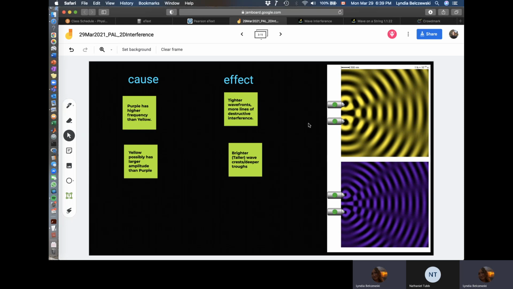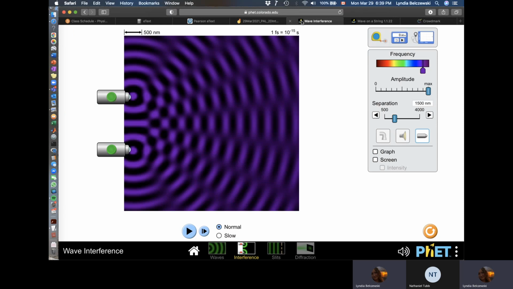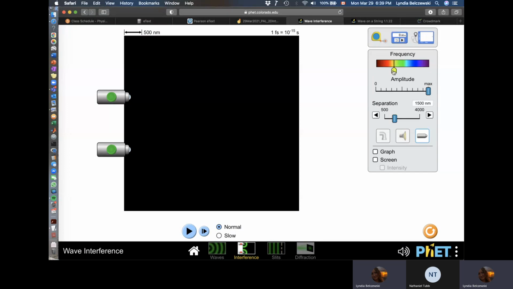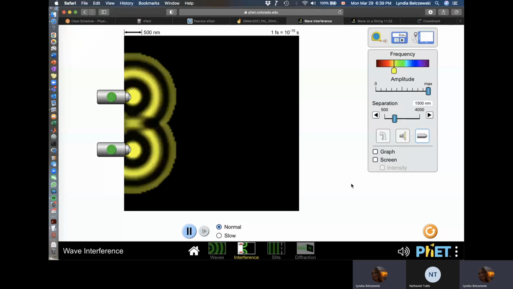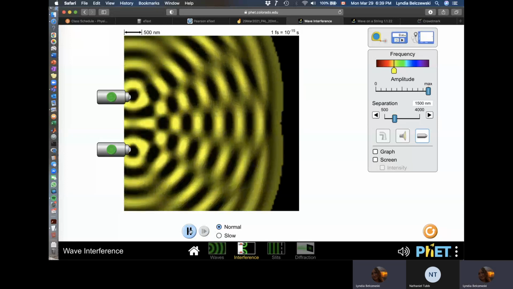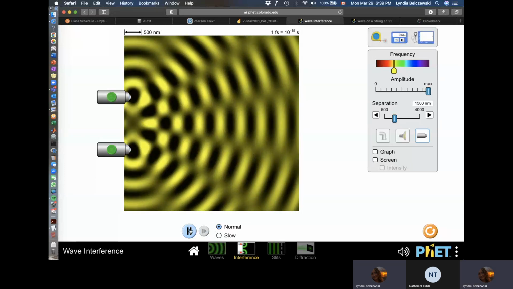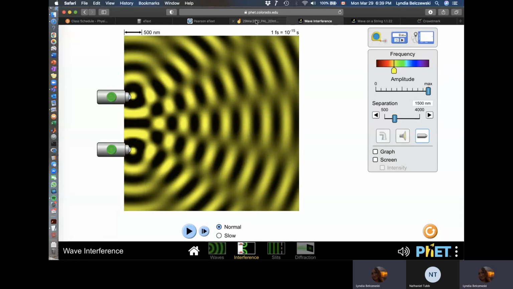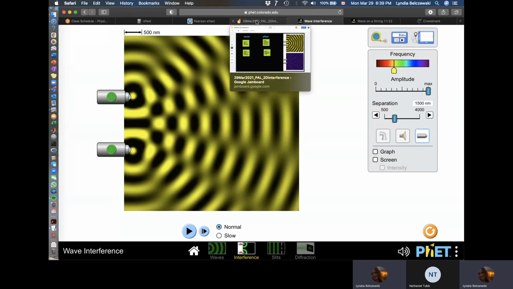But there are absolutely more nodal lines where the waves completely destructively interfere in the purple compared to the yellow. That was the effect of changing the wavelength or the frequency.